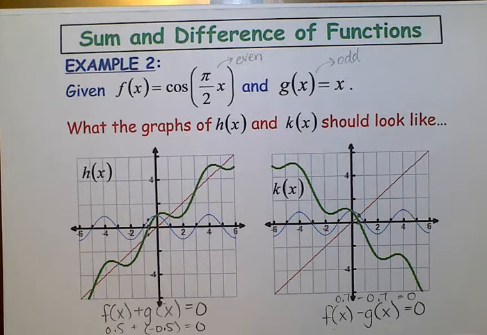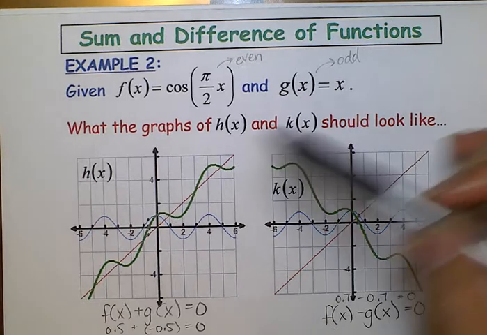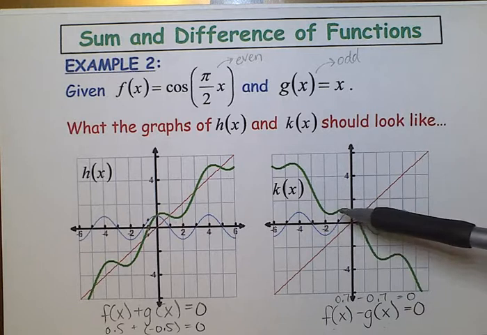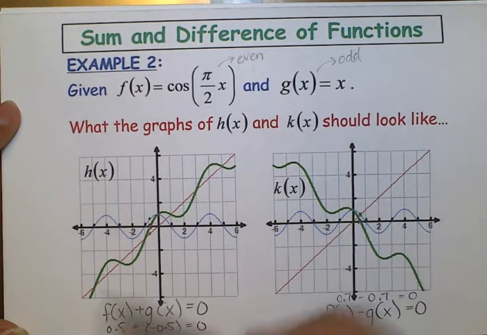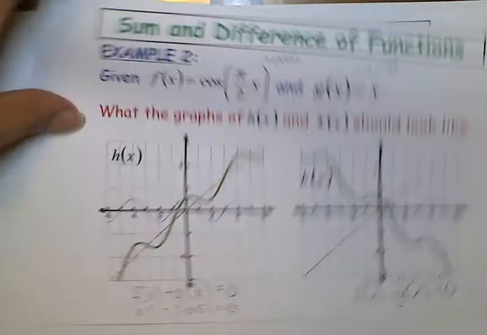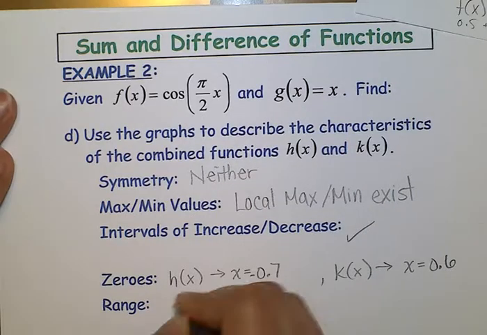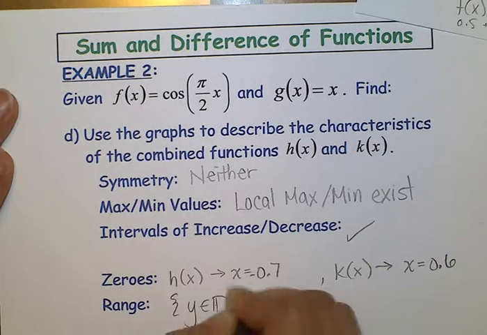So, the green graph follows the same range as the linear graph. Okay? So, no restrictions on it. It's all real numbers because it continues from negative infinity to positive infinity. So, the range of the two functions is y is an element of all real numbers.